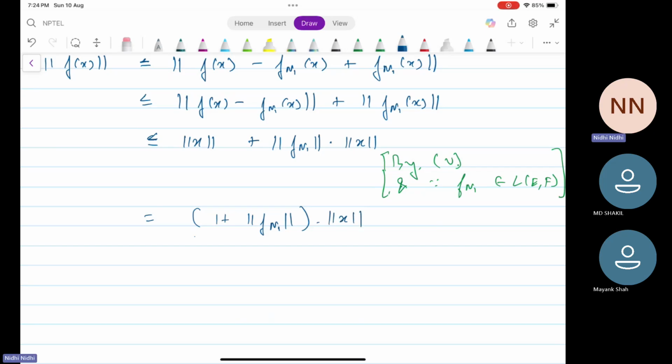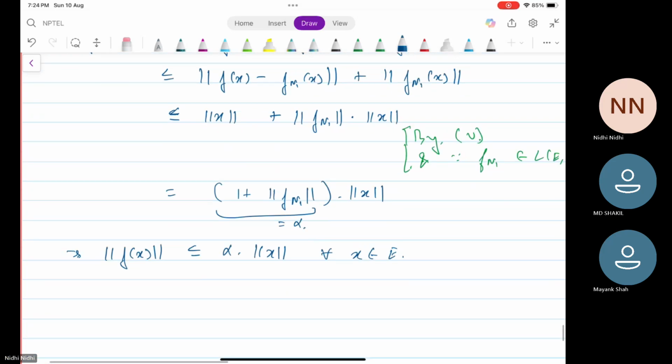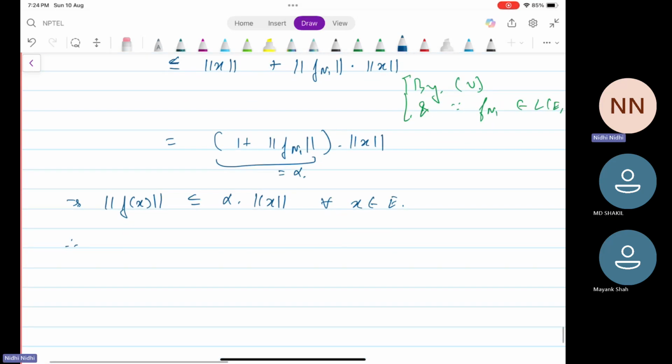If I take this to be equal to alpha, because obviously n1 is a constant, 1 and norm Fn1 are constants. So this implies norm Fx is less than or equal to alpha times norm x for every x in E. Hence, F is a bounded linear function.